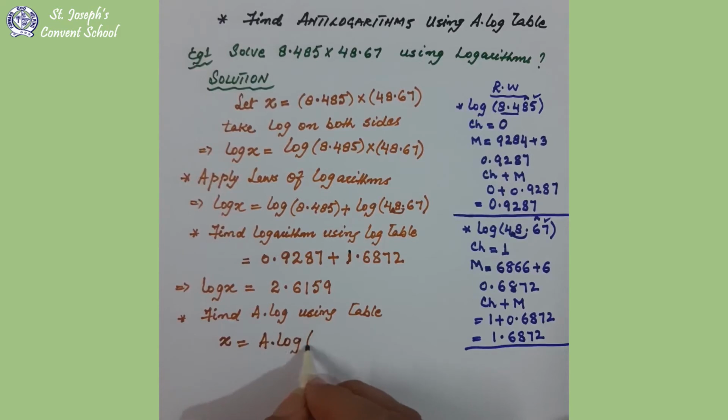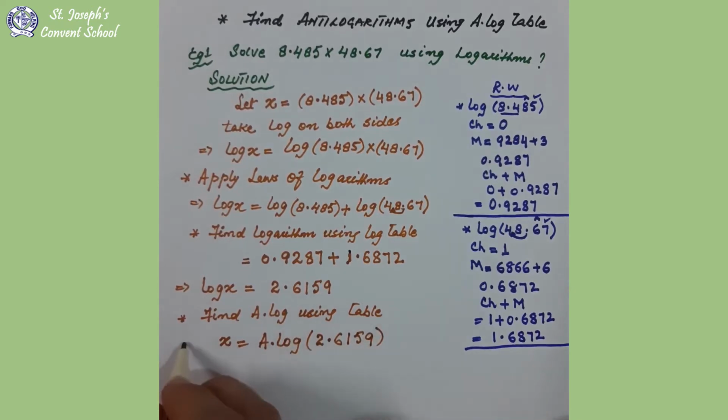Anti-log of the number 2.6159, this you have to solve. Like when a number is there and you shift the number, multiplication changes into division. Same way, log, when you shift it after the equals to sign, will change into anti-log.